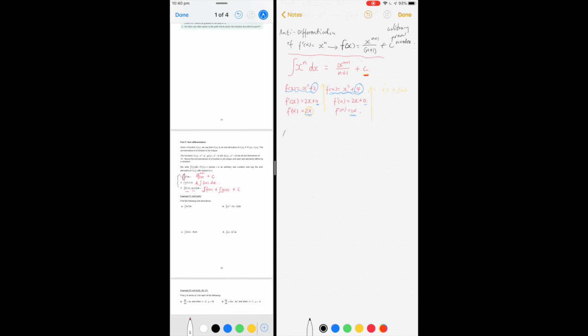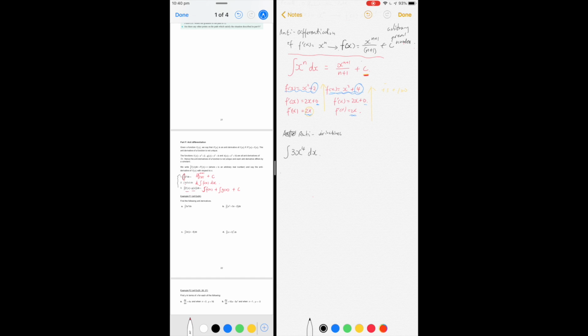Find the antiderivatives of the following. So this first one, we are trying to find the antiderivative of the derived function 3x to the power 4 in regards to dx.